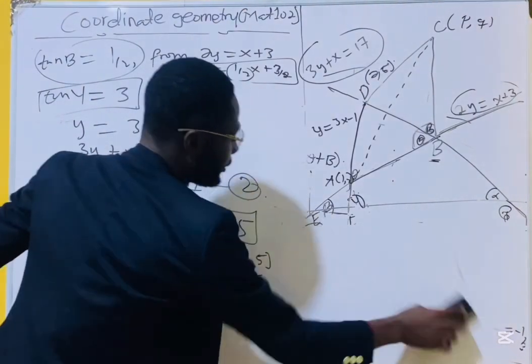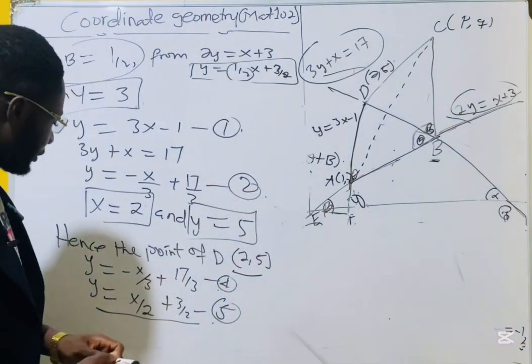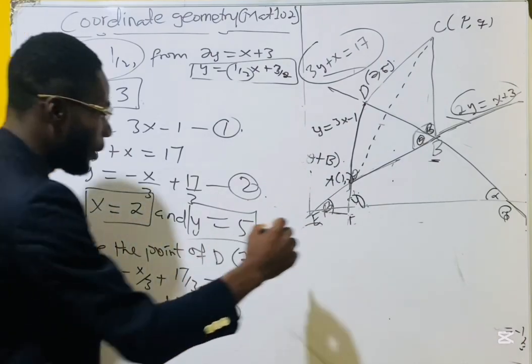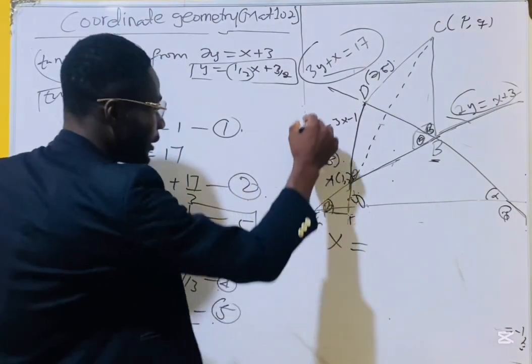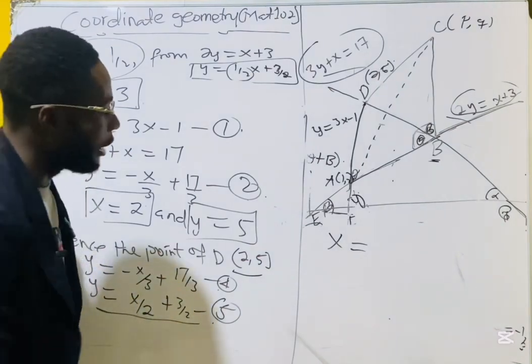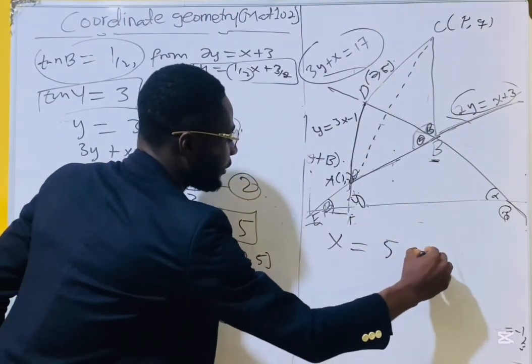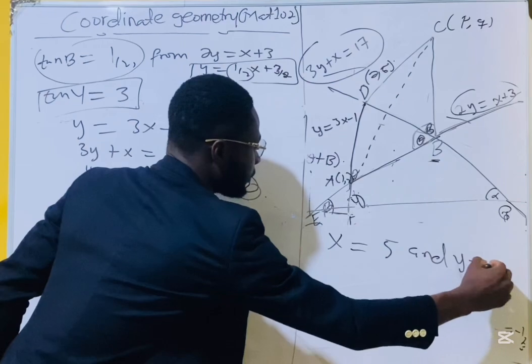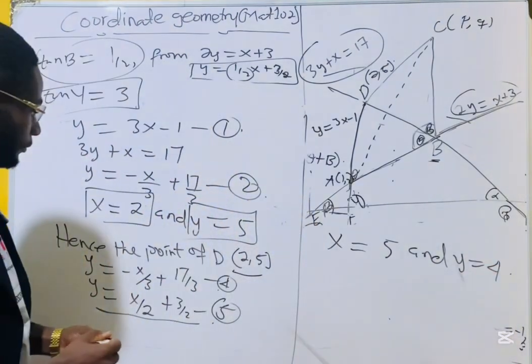So when you solve this very well, then we can say that our x will be equal to 5 and our y will be equal to 4. Right?